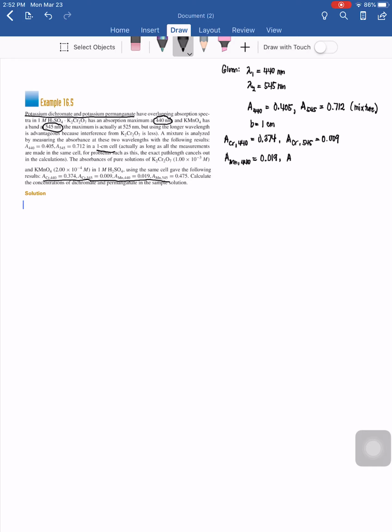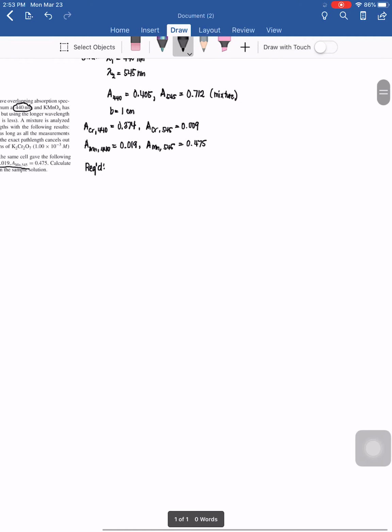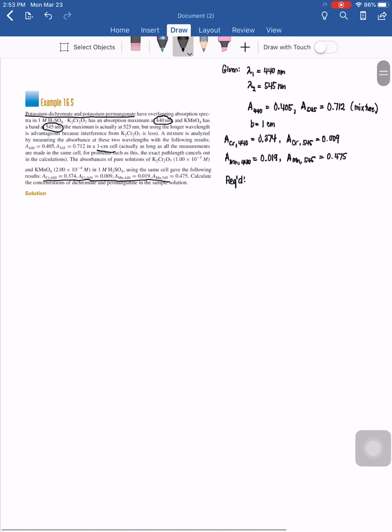For that same permanganate solution, we can remeasure its absorbance at 545 nanometers, and we find that its absorbance there is equal to 0.475. Now what's being asked of us is the concentrations, in molarity, of the dichromate and the potassium permanganate.